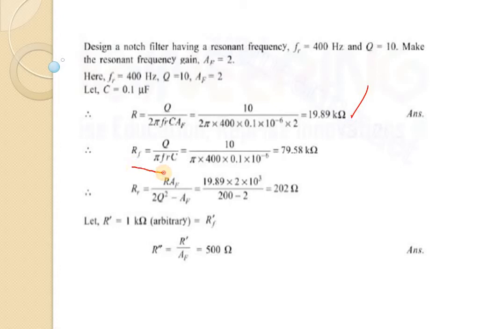And RF equals Q divided by pi FR C, that is 10 divided by pi into 400 into 0.1 into 10 to the power minus 6, that is 79.58 kilo ohm.